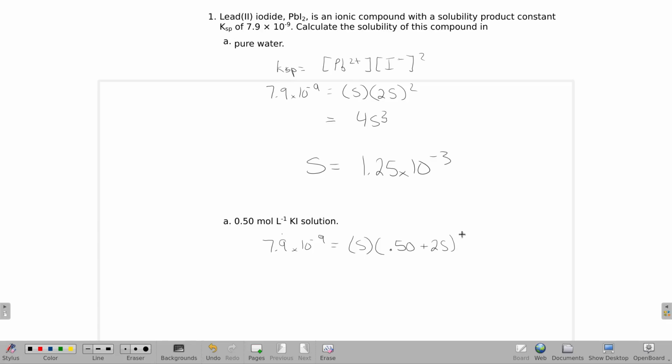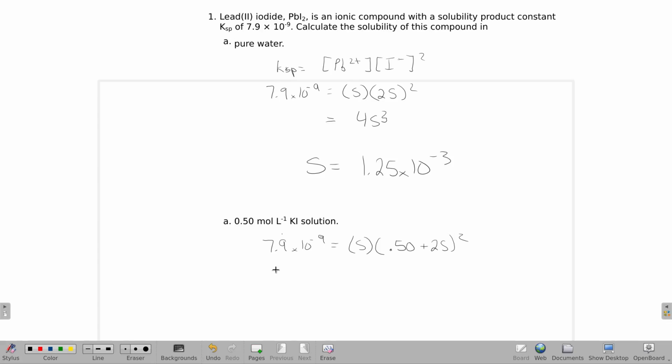That's going to go up by that. Now, this is solvable just like so, and I'm going to show you how to do that in just a second, but we can also make an assumption. See how small this number was before? When we throw this in, it's only going to make it smaller.